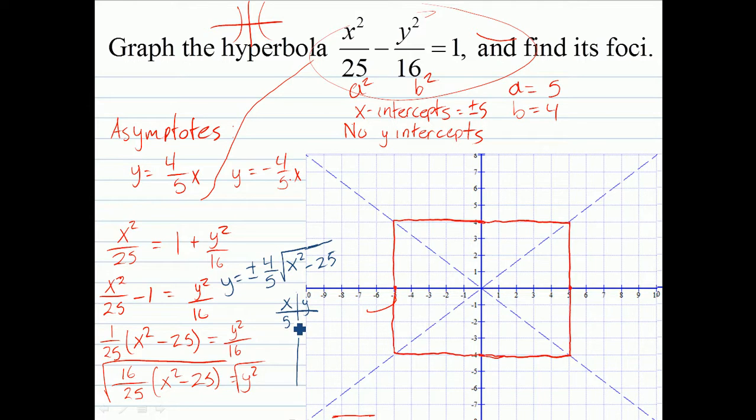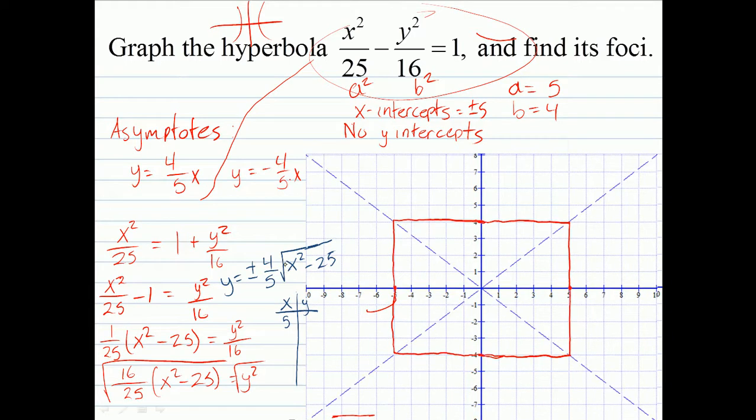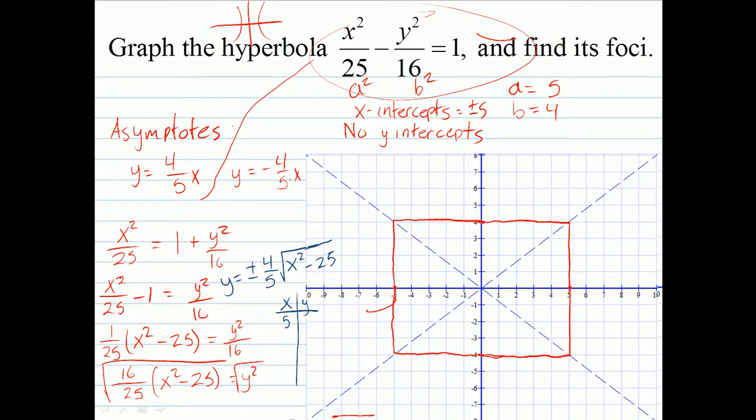If you punch 5 into this equation, you're going to get 0.